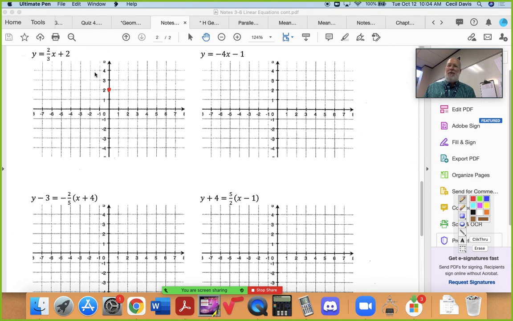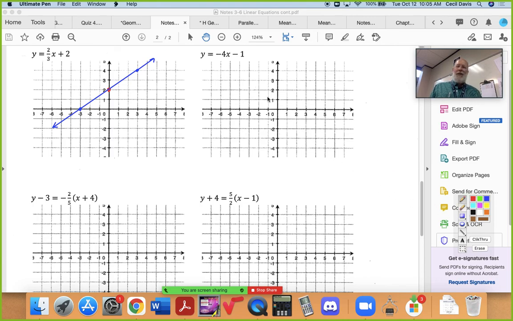My slope is 2/3, so from that point, we'll go up 2 and to the right 3. Or you could go down 2 and to the left 3. It amounts to the same thing. Now we have our line. That is stuff that you did in pre-algebra.